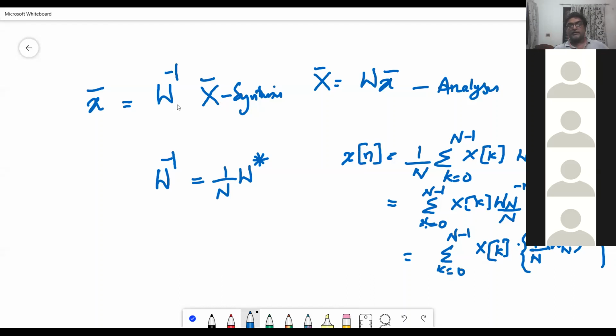You have 1 by N here, and W_N raised to minus 1 is the conjugate of W_N. So every element in the matrix is now replaced by the conjugate. Every element of W should be replaced by the conjugate of that, and then every element should be divided by N. So W inverse should be equal to 1 by N into W star. Is it understood? Meenakshi, or do you want me to explain that further? No, sir, I got it. Okay.